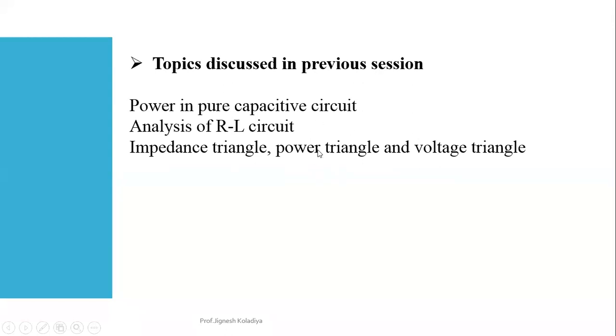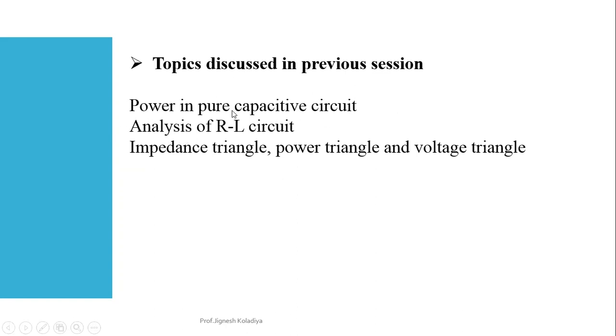Also in the power triangle, we have seen the three different types of powers. If only a capacitor is connected, the total power output will be zero. The net power absorbed is zero in this case, so you will not get any power output across the load.